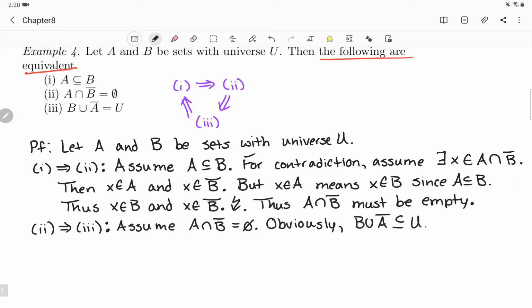Everything's a subset of it. It's all possible things I'm allowed to consider. So we only need to show the universe is a subset of B union A complement.